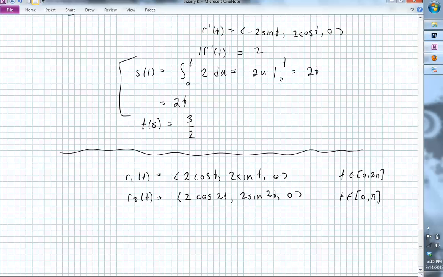Sometimes that difference is important, especially in physics applications. Other times in geometry applications, we're not interested in that issue. And so the arc length function gives us a way of removing this dependence on the particular parameterization. So this R2 is a reparameterization of R1.